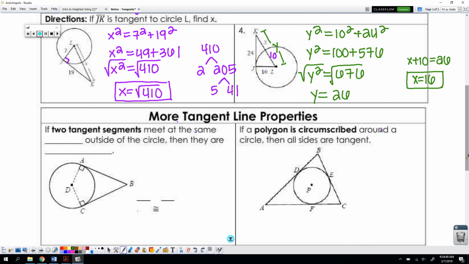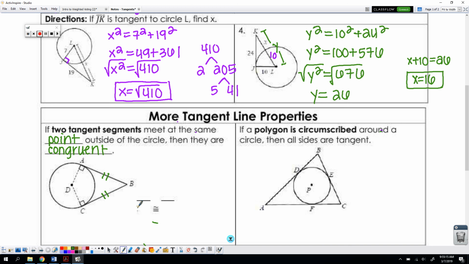All right. Now, more tangent line properties. This actually gets to be very simple. So what it says is if two tangent segments meet at the same point outside of the circle, then they are congruent. So back to your favorite thing. They're equal. So we can mark them as equal.